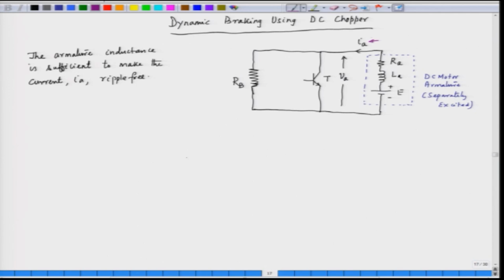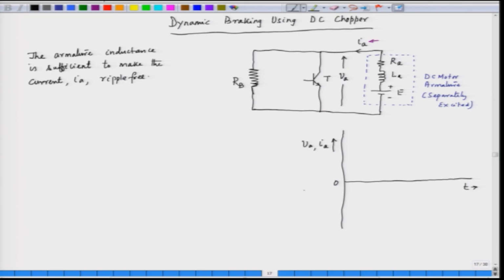Now, let us draw the waveforms here. The time is on the x axis, and the armature voltage and the armature current are on the y axis. This is the origin.